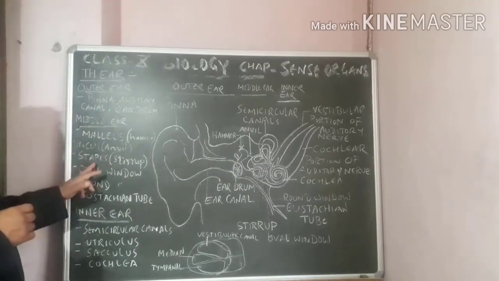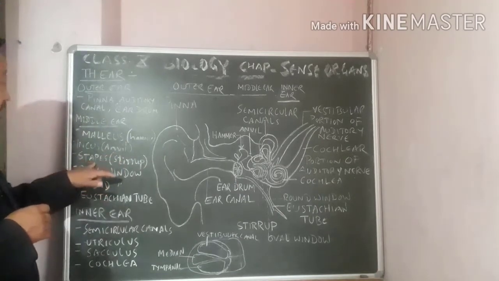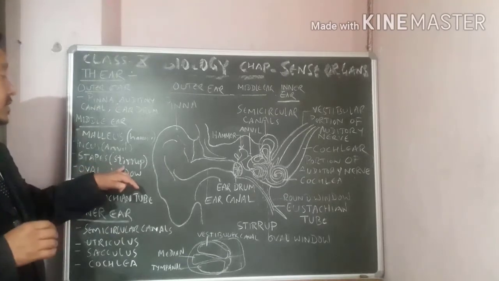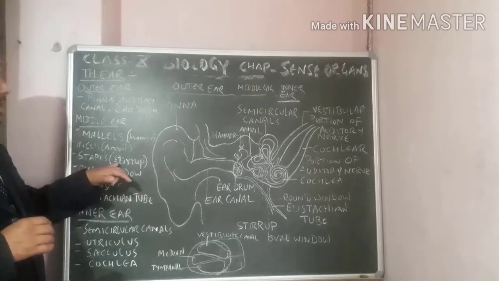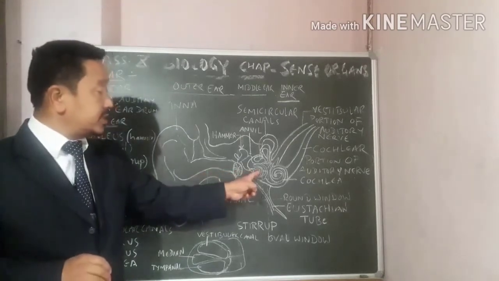Then the stapes, S-T-A-P-E-S, the third bone of the middle ear or the ear ossicle. The stapes is commonly known as the stirrup. Here it is, the stirrup, another bone.